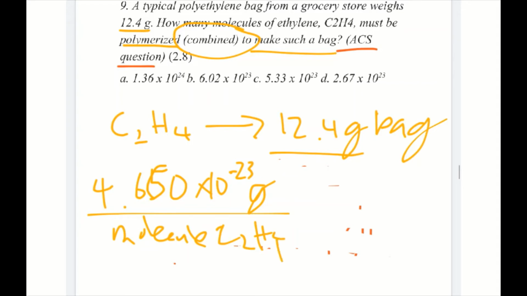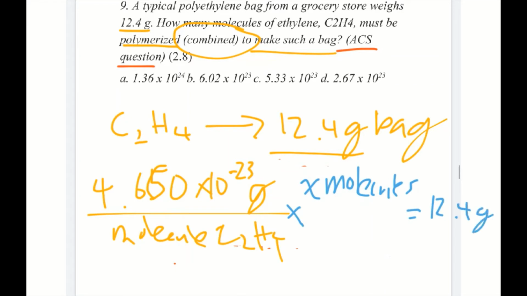So now we have to find how many molecules of C2H4 are needed to make 12.4 grams. So this is where algebra kicks in. So this number times X number of molecules will equal 12.4 grams. Notice how molecules cancel out and you're left with grams. But we need to figure out what X is.